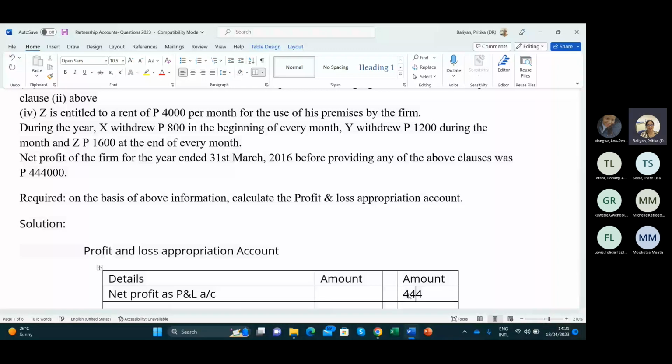Okay, then after this net profit, what are we going to pay first?